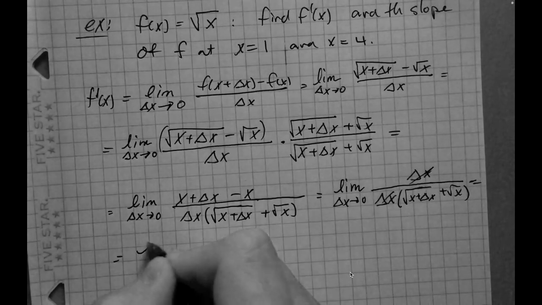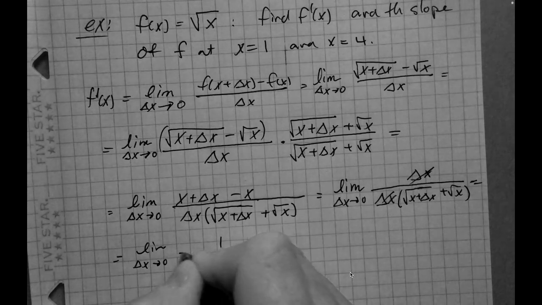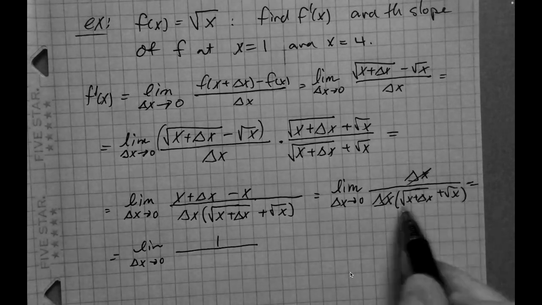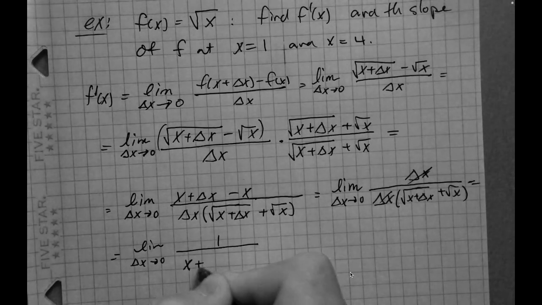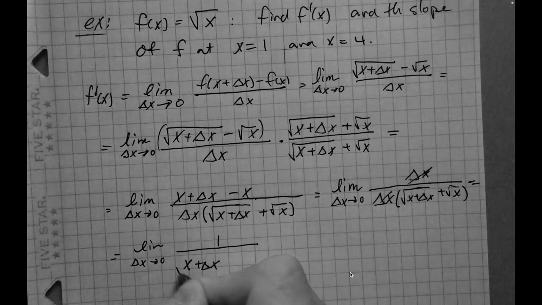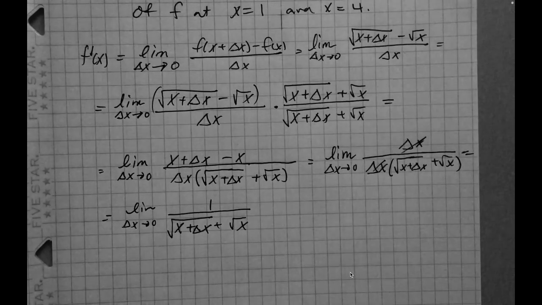So I have the limit as delta x goes to 0 of 1 divided by, now I just have this term, which I can evaluate the limit of: the square root of x plus delta x, plus the square root of x. So what happens when delta x gets infinitely small, when delta x approaches 0?